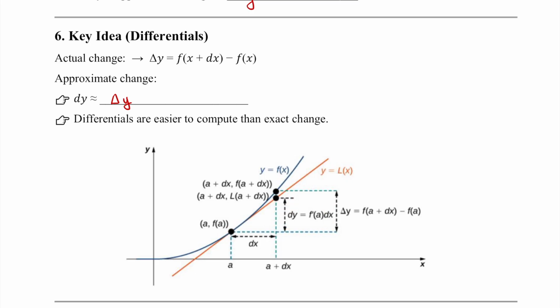The two values are very close when dx is small. So instead of computing the exact change, we use the tangent line to estimate it. Again, this works best when the change is small.